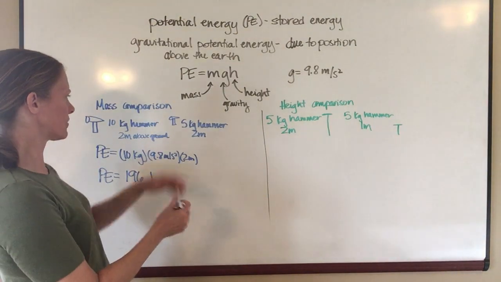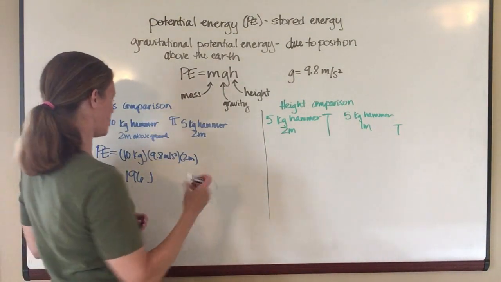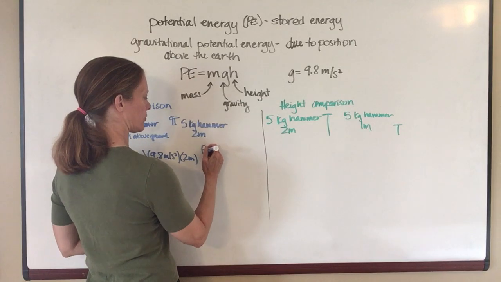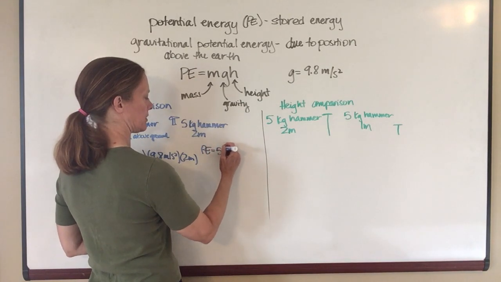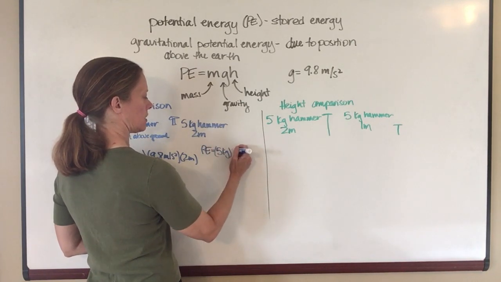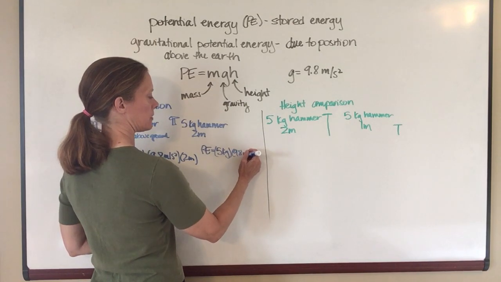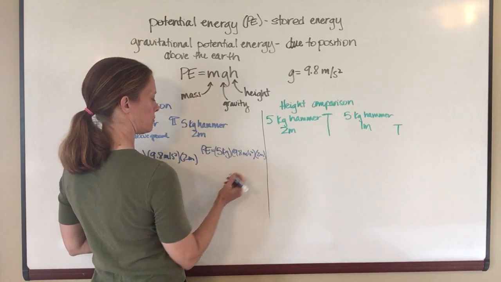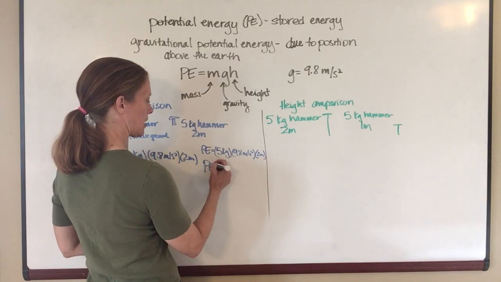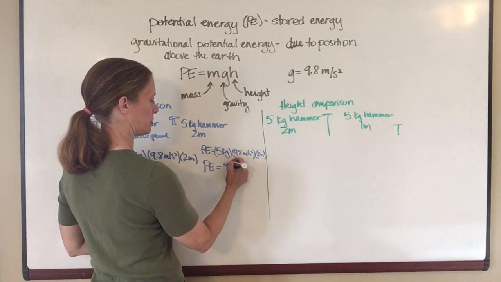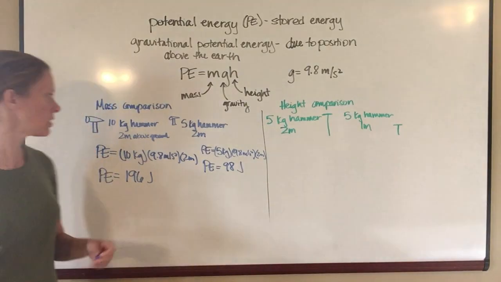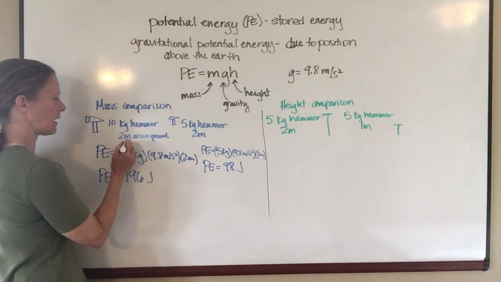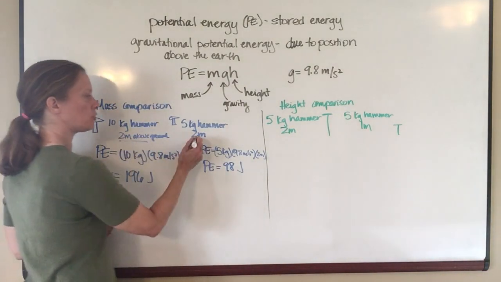Okay, so now let's look at this 5 kilogram hammer. Potential energy for the 5 kilogram hammer is going to be 5 kilograms times gravity, 9.8 meters per second squared, times 2 meters. And so this time the potential energy is going to be 98 joules. So you can see that, again, they're both 2 meters above the ground.